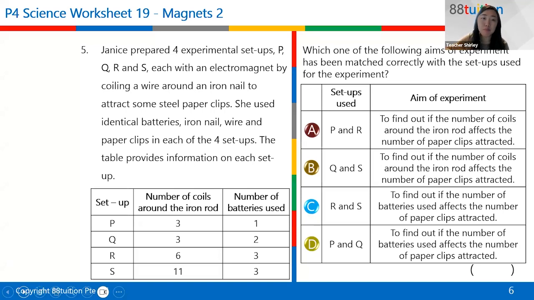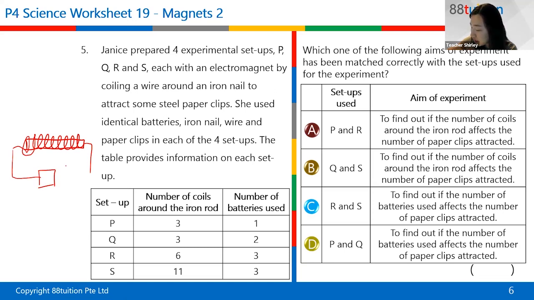Janice prepared 4 experimental setups, P, Q, R, and S, each with an electromagnet coiling a wire around the iron nail to attract some paper clips. So basically she set up a rod inside, and then she has the wire, and then the batteries.